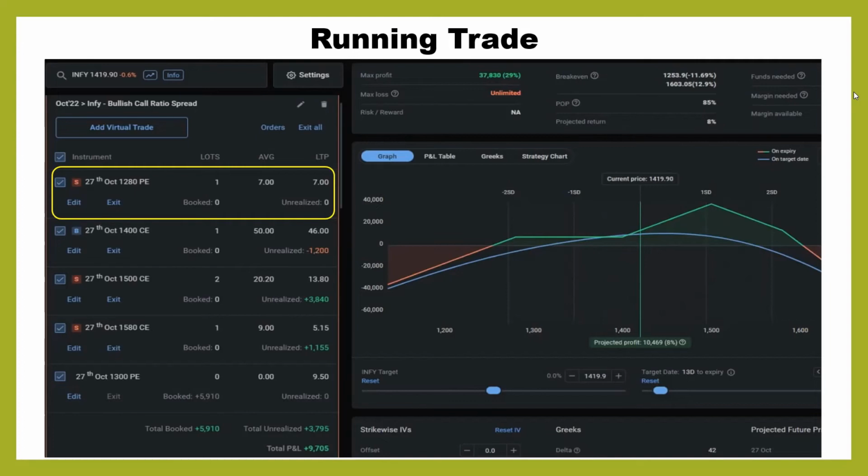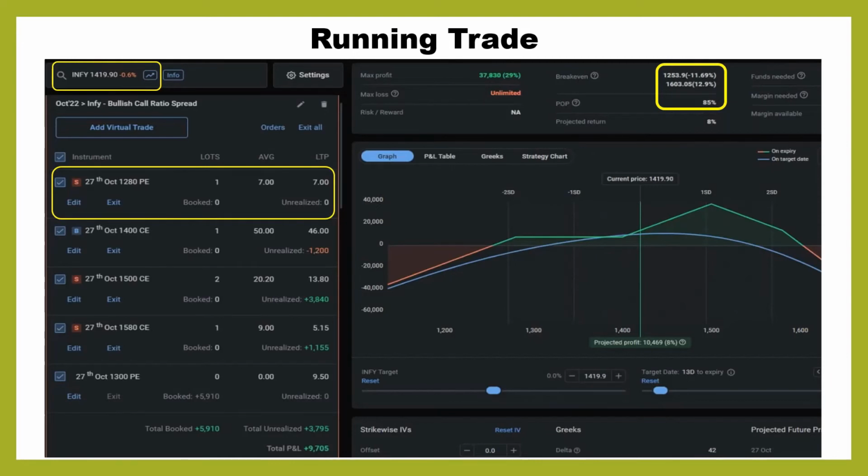And I'll tell you one more thing. The beauty of this strategy is that the break-even is 1253 to 1600. Overall, I got a 25% range after this strategy. POP is 88%.